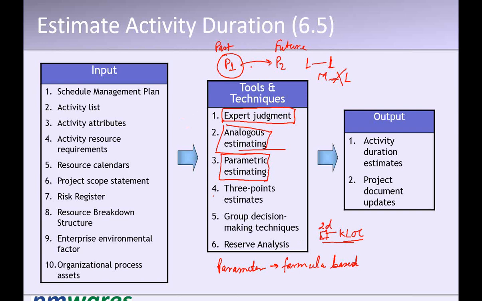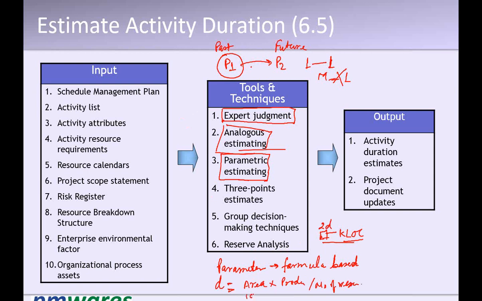I explain this way. Suppose you need to paint a room. How many days will it require? It depends upon the surface area of the walls, right? And productivity, divided by number of resources, correct?